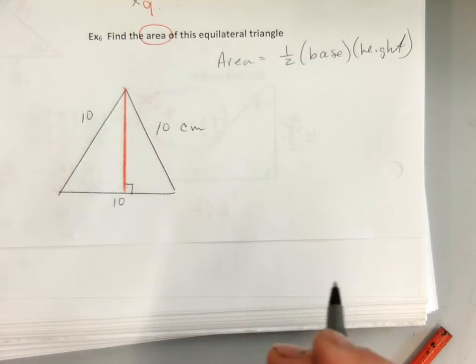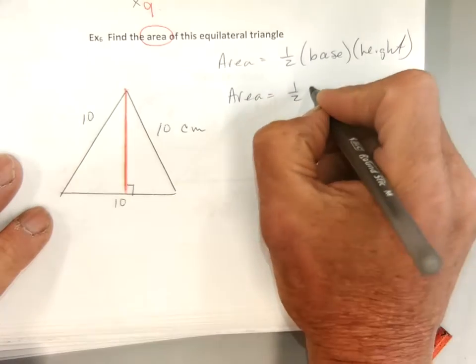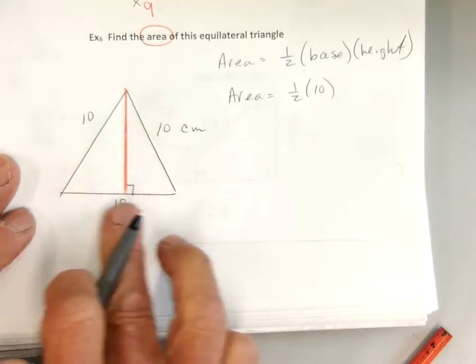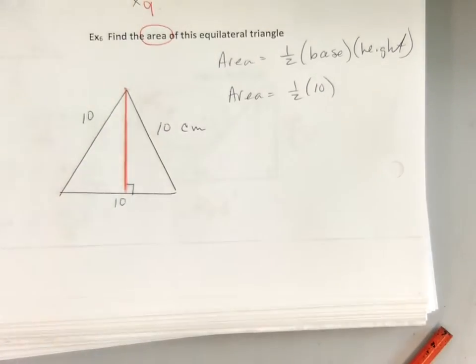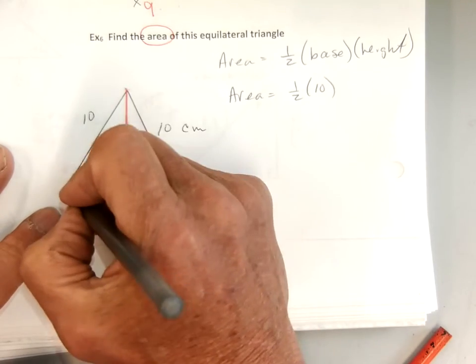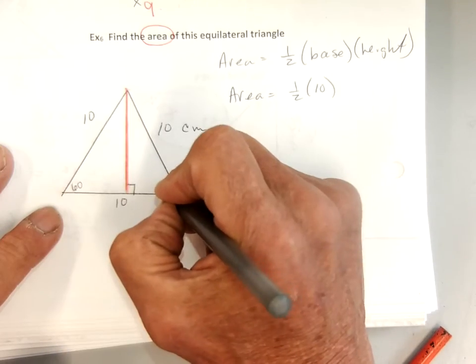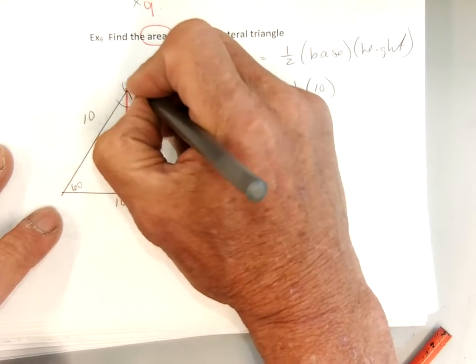Well, I go area. Okay, area is 1/2 times 10, right? But I don't know what the height is. Well, what I did is, in an equilateral triangle, it's 60, 60, 60 degrees. You guys agree with that?